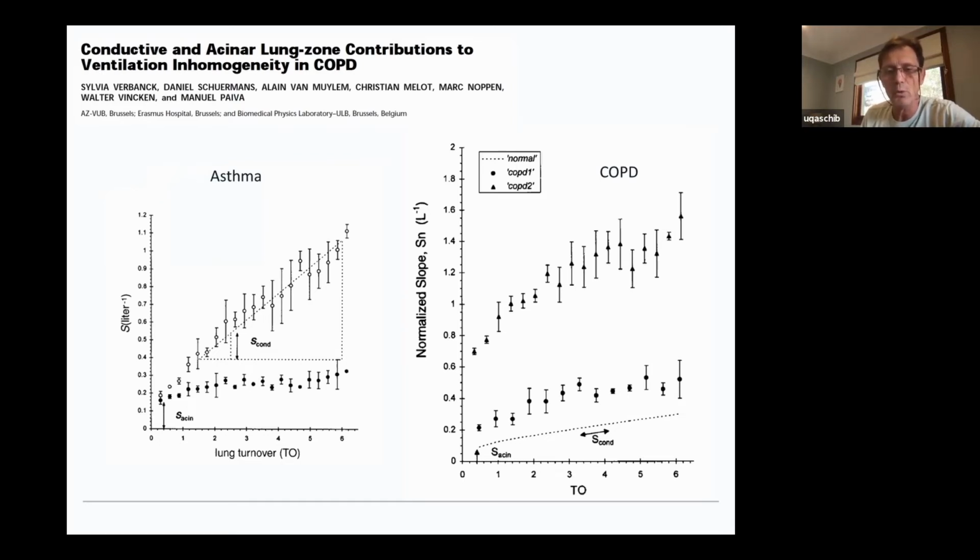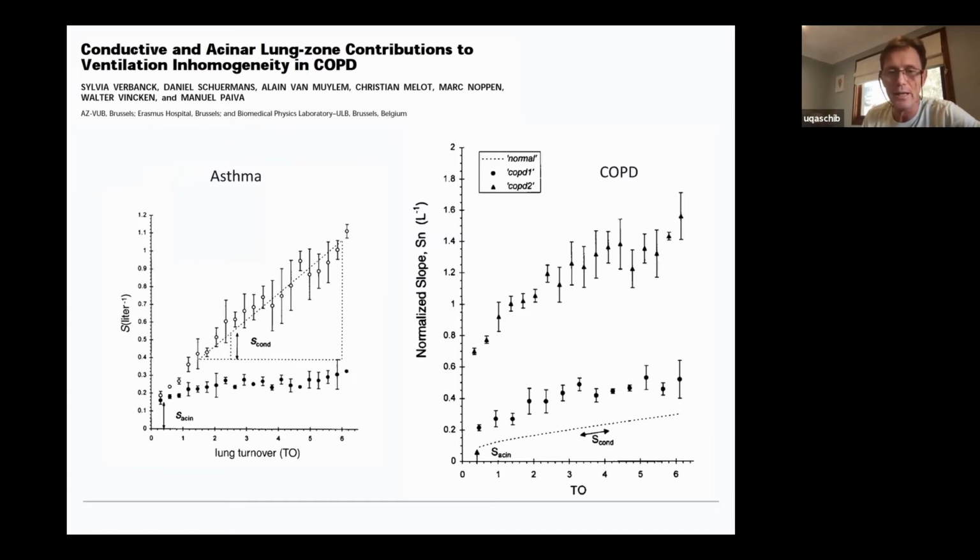And at the bottom, you see what a normal lung should look like, where this arrow sits at the bottom near acinar. You can see that's roughly what a normal acinar contribution should look like, so diffusion dependent. You can see that the COPD-1 value sits well above norm, but the following breaths afterwards do not show much convection distribution problems, whereas the triangle or COPD number 2 has a combination of both, has a huge offset.